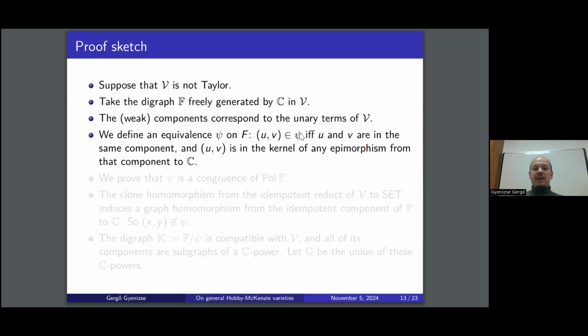Two elements will be C equivalent if and only if there is an epimorphism from the graph F to C, so a graph homomorphism from F to C that maps ONV to the same element. So this C can be proved to be a congruence of the polymorphism clone of F.